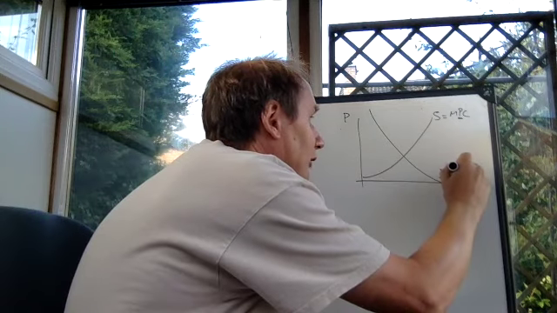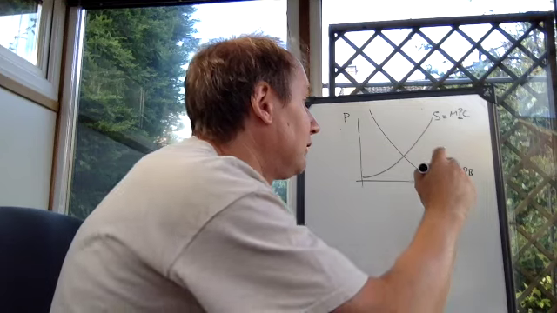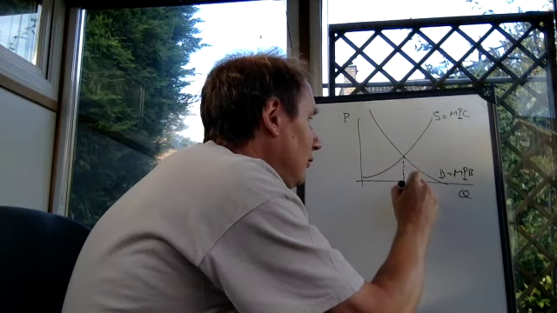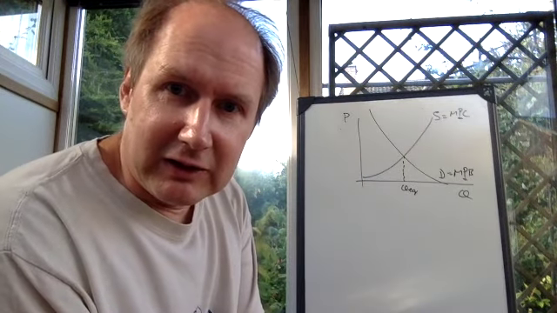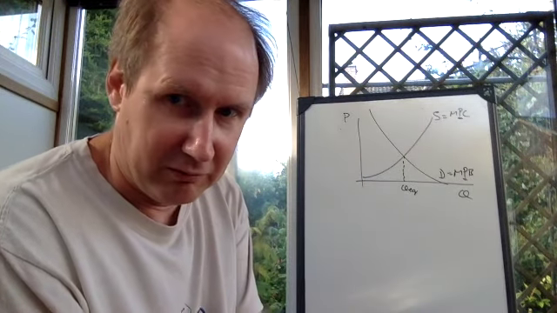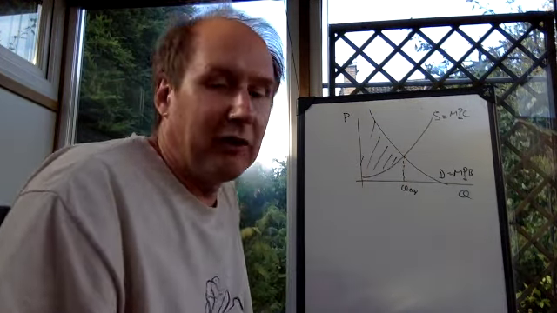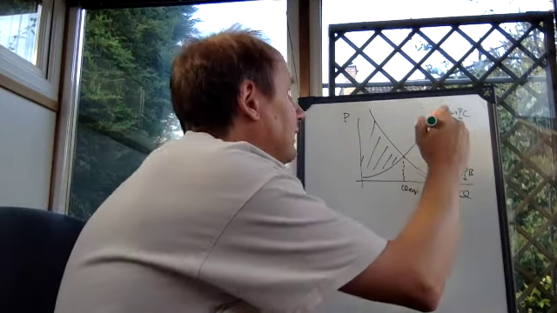Demand is based on the consumer's private benefit, the benefit to them personally. We have equilibrium there. If there are no externalities, if there are no external costs and benefits, then that will maximise welfare.